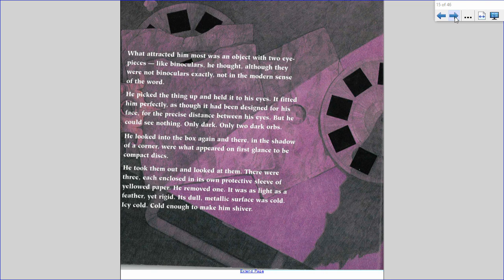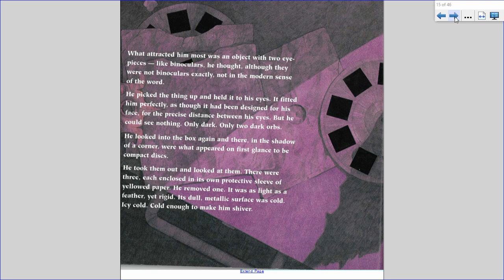What attracted him most was an object with two eyepieces like binoculars, although they were not binoculars exactly, not in the modern sense of the word. He picked the thing up and held it to his eyes. It fitted him perfectly, as though it had been designed for his face, for the precise distance between his eyes.